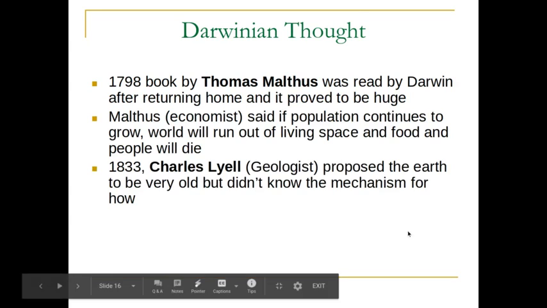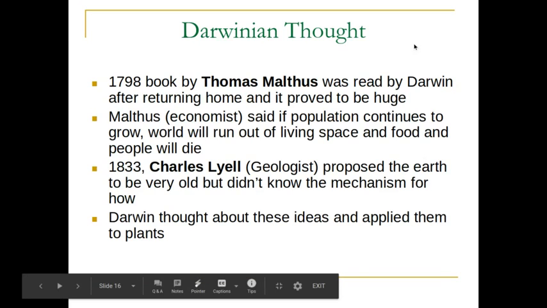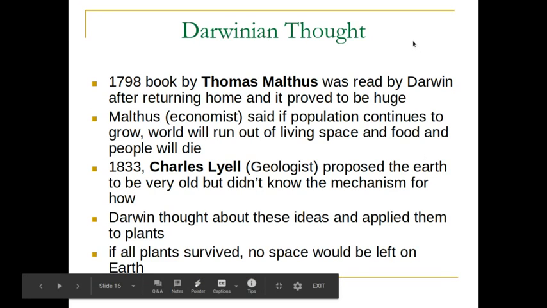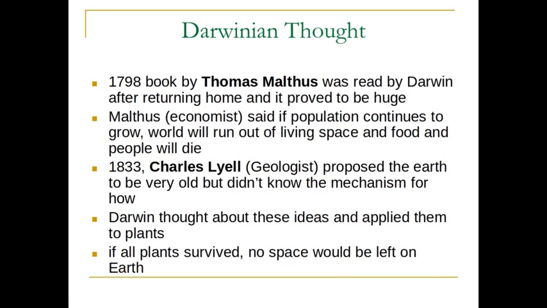So there are a couple scientists and writers that were very influential to Darwin's thoughts. Thomas Malthus, who was an economist, said that if populations continue to grow, eventually there are going to be limitations on space, food, anything that you need.